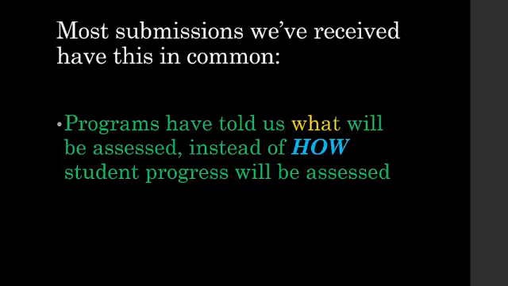But what we really want to get at within that section is how you're going to be assessing things. Because if you think about it, the objectives already tell us what you're going to be assessing. So now we have to change our way of thinking and focus on the how. How will I assess each of these objectives?